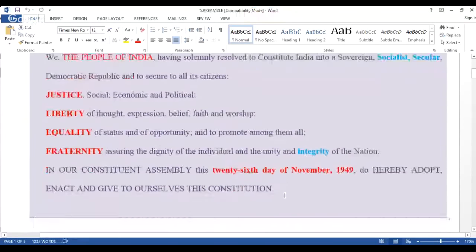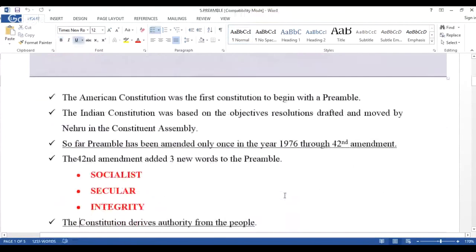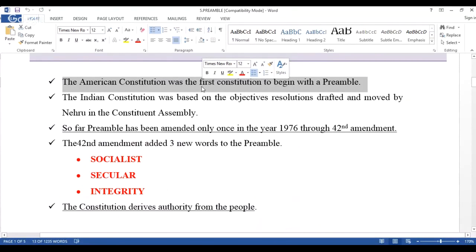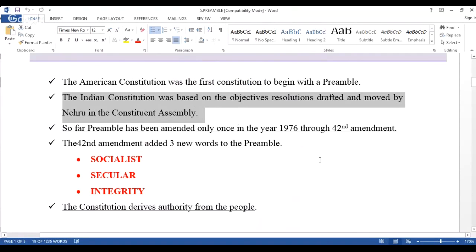Now, again, look at this. I'm going further. The American Constitution was the first constitution to begin with a preamble. It's a GK question. The Indian Constitution was based on the objectives resolution drafted and moved by Nehru in the Constituent Assembly. Right? This also you know.